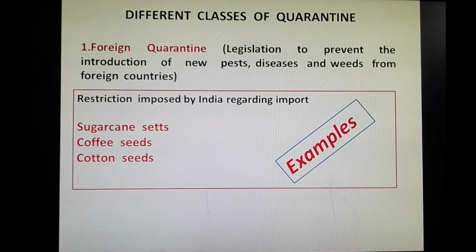And the third example which I have cited here is you also cannot bring the cotton seeds, because as I mentioned, till date India is free from the cotton boll weevil. So not to take the chance to accidentally import the cotton boll weevil, you cannot bring the cotton seeds from the other countries.